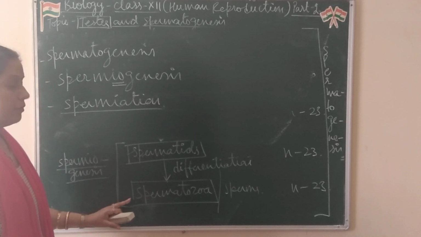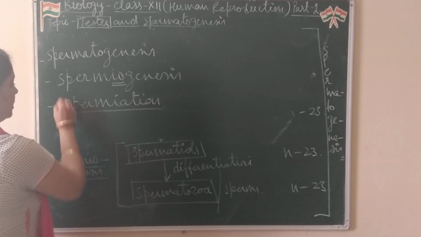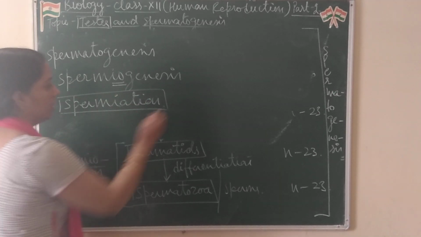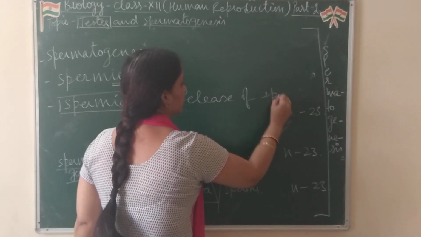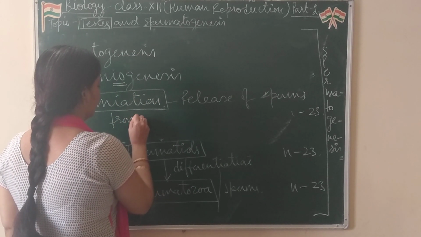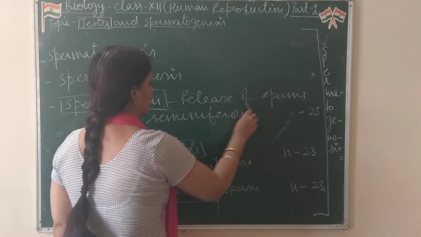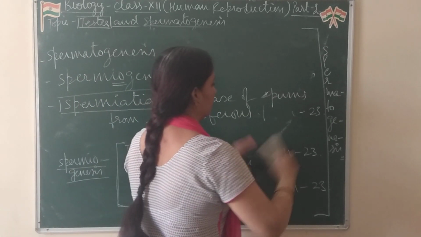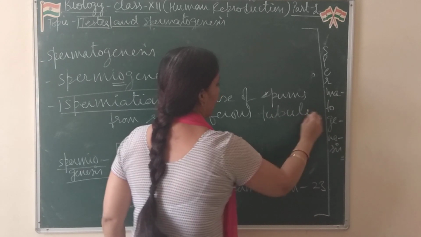After that, when spermatozoa are released from the seminiferous tubule, that process is called spermiation. So what is spermiation? Release of sperms from the seminiferous tubule.